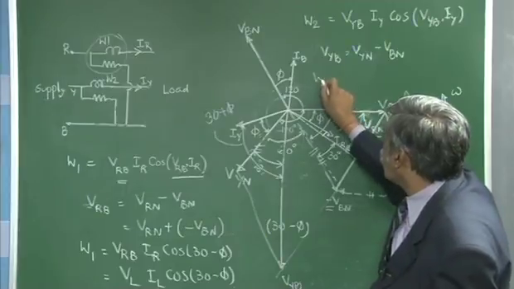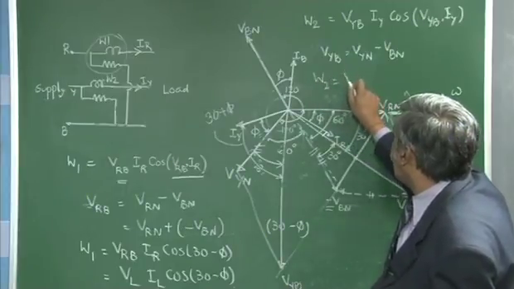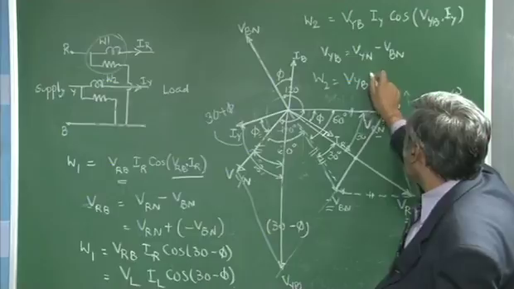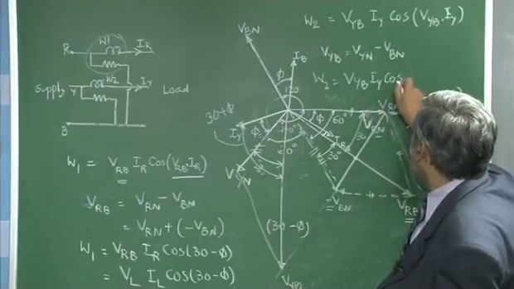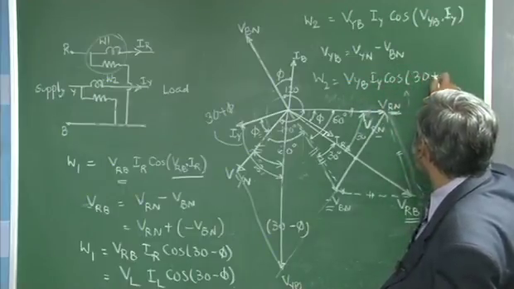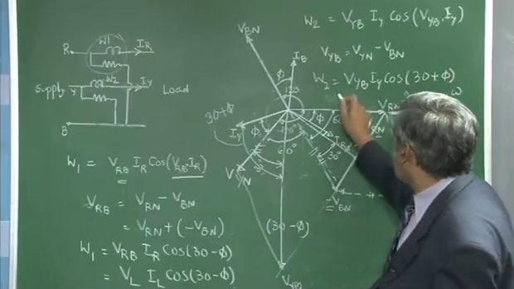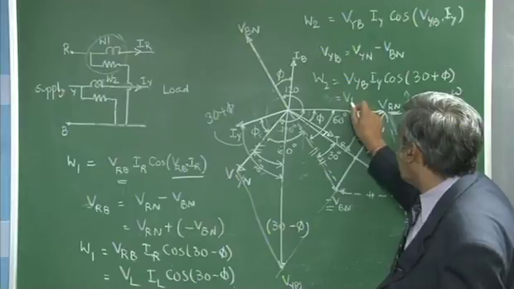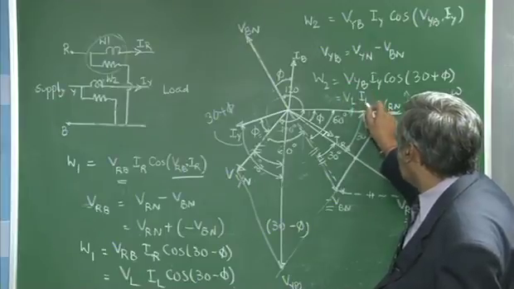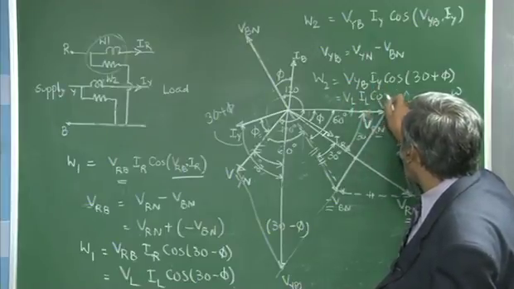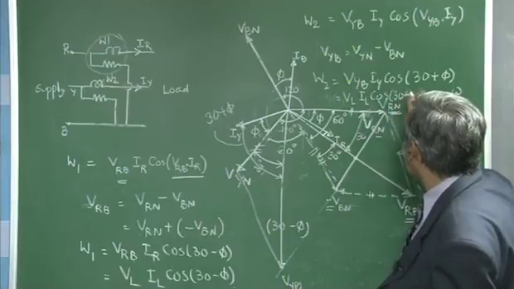Therefore W2 will give us a reading of VYB IY cos of 30 plus phi. VYB is again the line voltage VL, IL is the line current, cos of 30 plus phi.